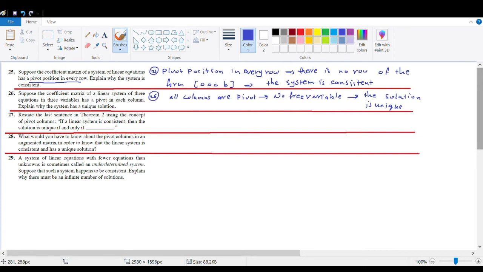So we can complete this one by writing here 27: if and only if every column in the coefficient matrix is a pivot column.